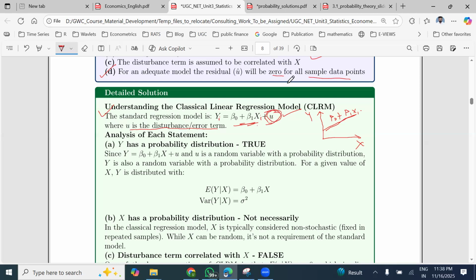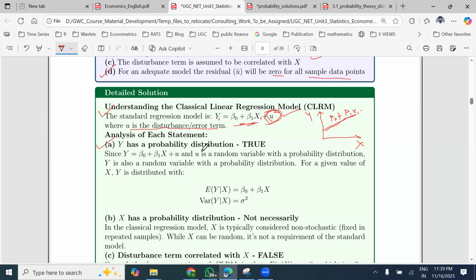Okay, for all other variables apart from the independent variable which are included in your regression model, which might also affect your dependent variable. So now, first sentence we will see: y has a probability distribution. Why is this statement true?